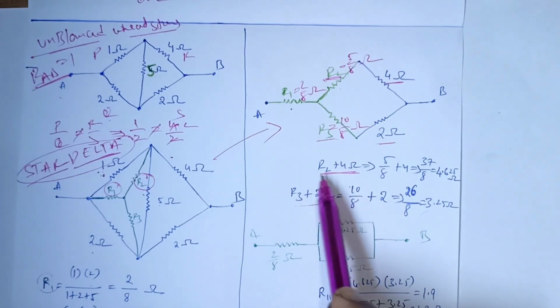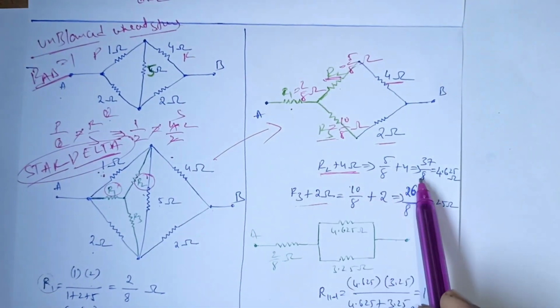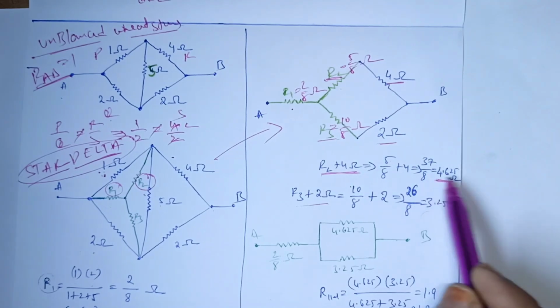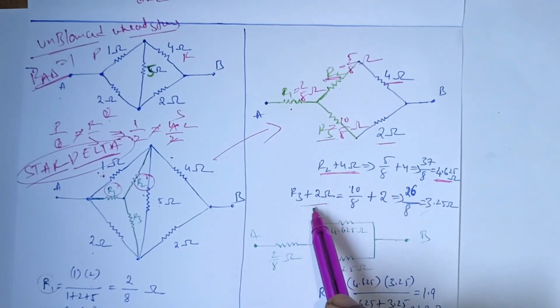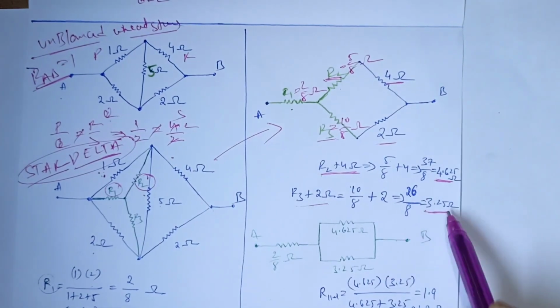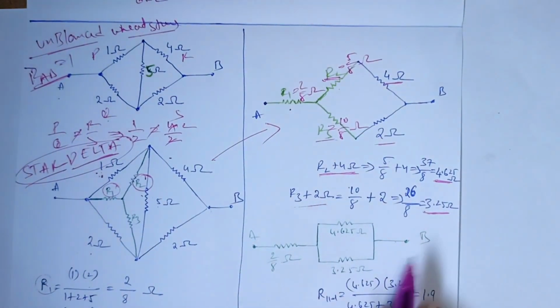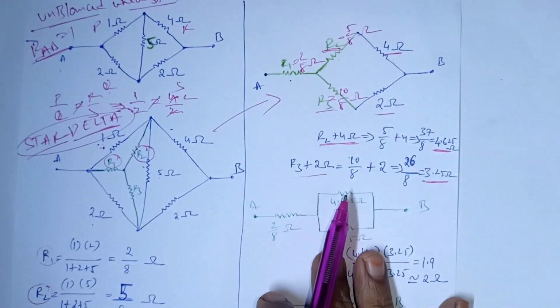R2 plus 4 is 5 by 8 plus 4. After solving, we get 4.625. R3 plus 2 ohm is 10 by 8 plus 2, that is 26 by 8, we get 3.25. So again the circuit is redrawn like this.